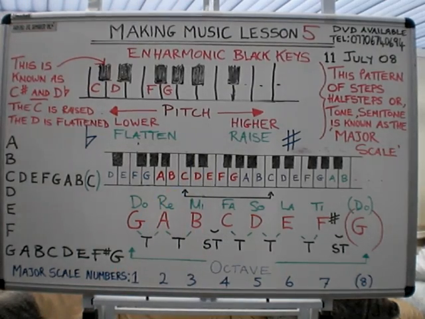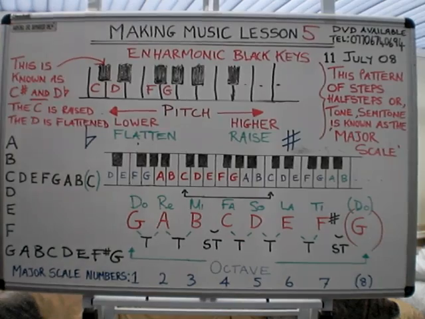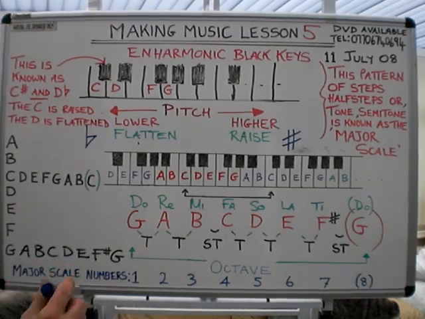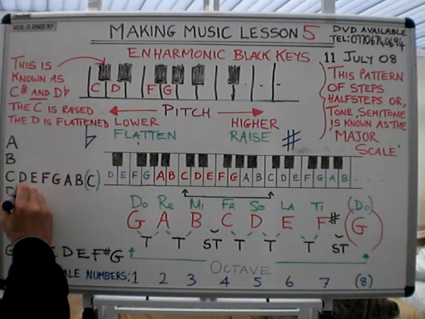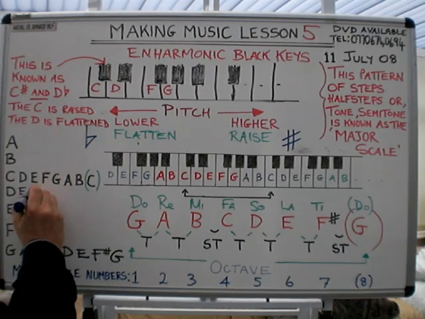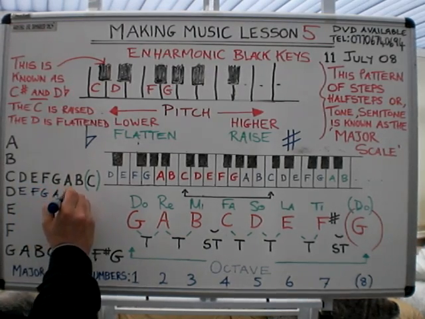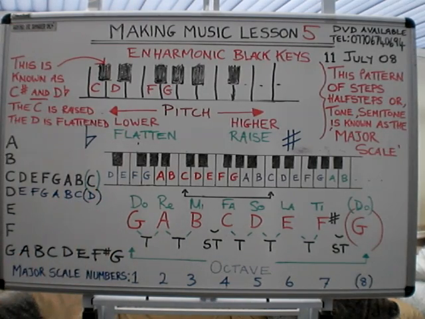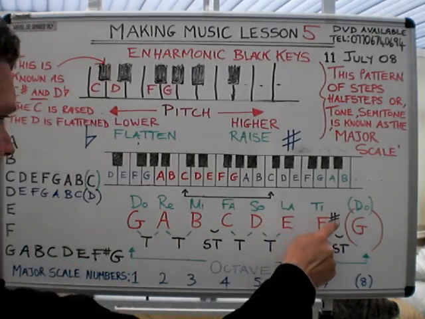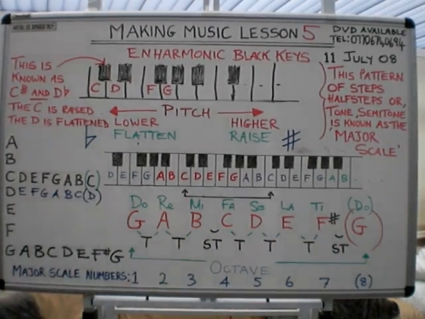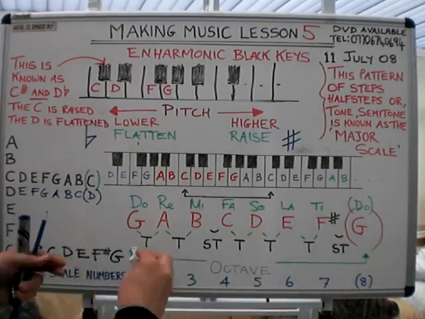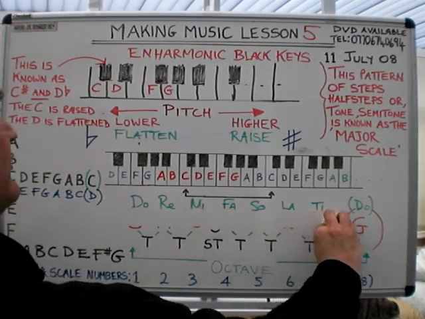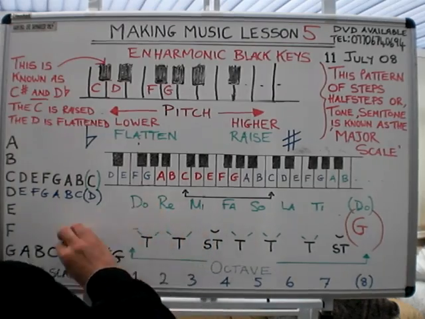The next one I want to do, we'll go to this D. Let's write it in: D, E, F, G, A, B, C, D. It's going to be similar, but I'm just going to wipe this off, and we want to see if we land on any further black keys of that piano. Let's write them in, and then we'll work out the tone, tone, semitone structure.